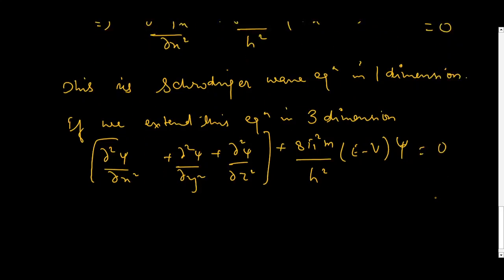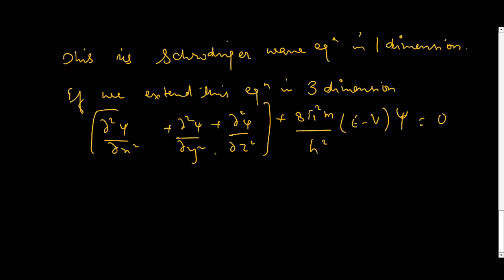So this is Schrodinger wave equation in 3 dimensions, where E is total energy of the system and V is total potential energy of the system.